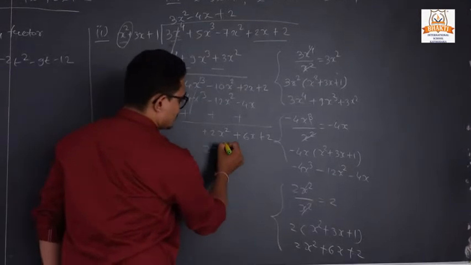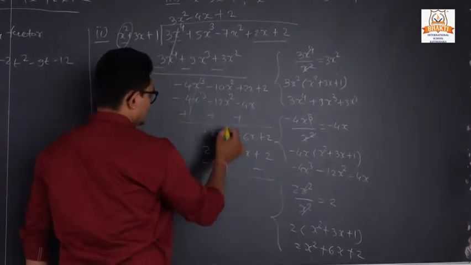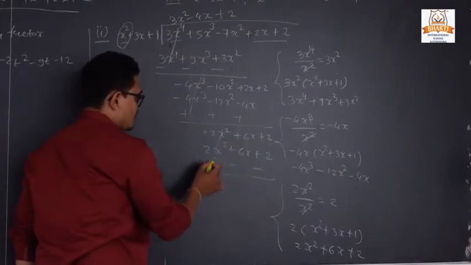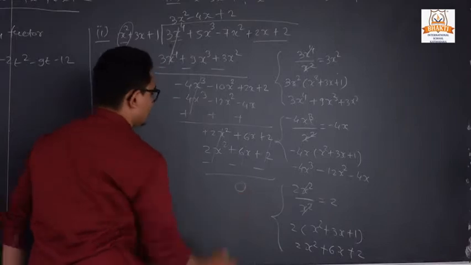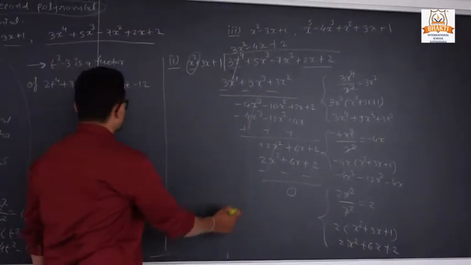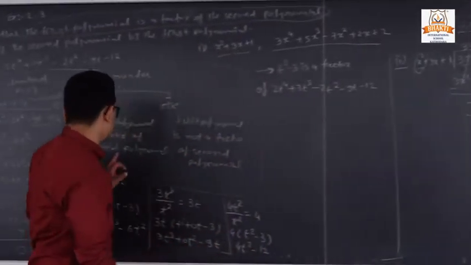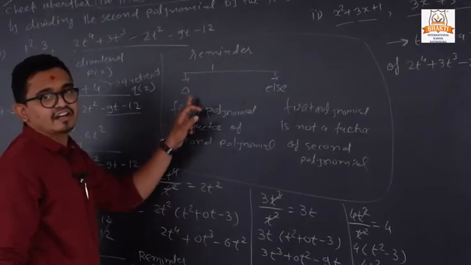So here 2x square plus 6x plus 2, we change all signs, so cut, because 2 minus 2 is 0, 6 minus 6 is 0, and 2 minus 2 is 0, so here we get remainder as 0. So it means what? Once again we follow that condition. If we get remainder as 0, then it is a factor of the first polynomial.